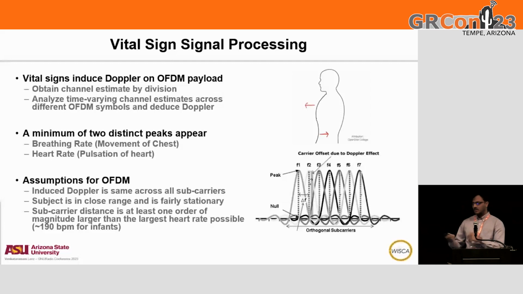And then there's a catch: the subcarrier spacing has to be about 1 order of magnitude greater. So in our case, the largest heartbeat possible is about 190 beats per minute for the infant, and that translates to about 1 kilohertz in subcarrier spacing. So you can pretty much get away with doing this in very low bandwidth.